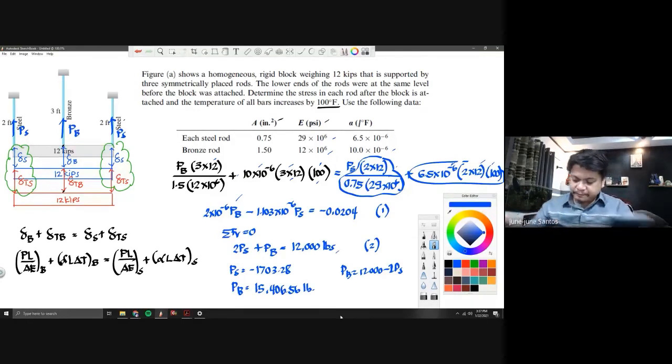That's correct. Why? 2PS, 2 times negative 6.